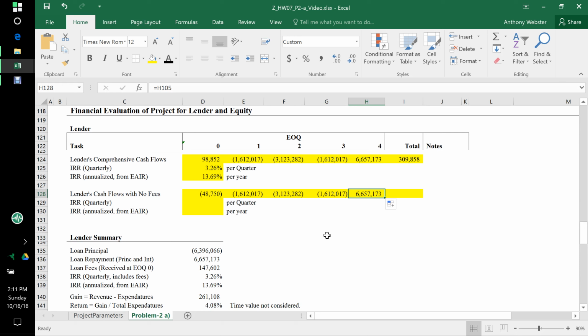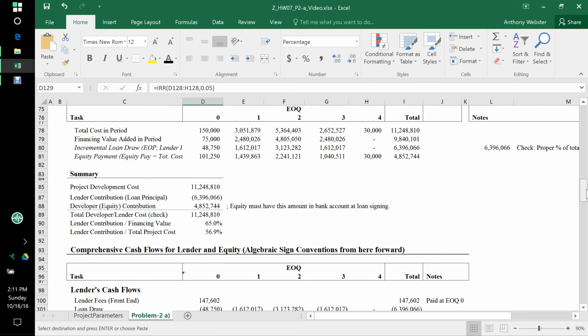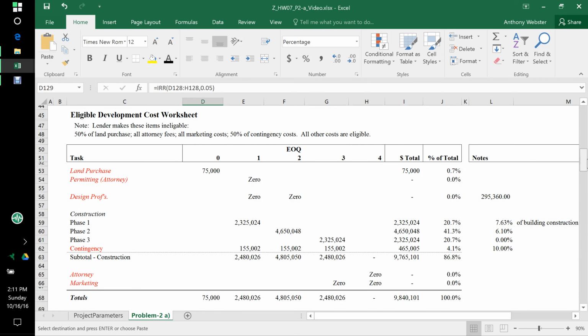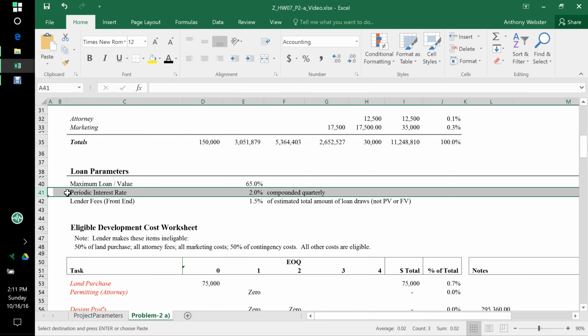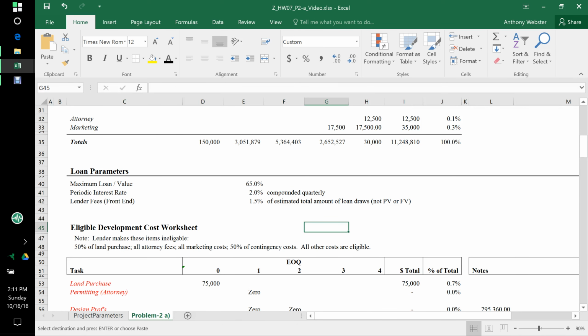Okay, so now for the IRR in this case, I can just copy these formulas, which I'll do here, and paste them here. And lo and behold, I get 2%, which is what I'm expecting per quarter. I'm expecting that because she's lending money at 2%, as we see up here in row 41.